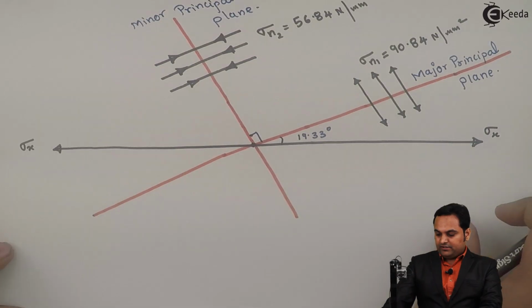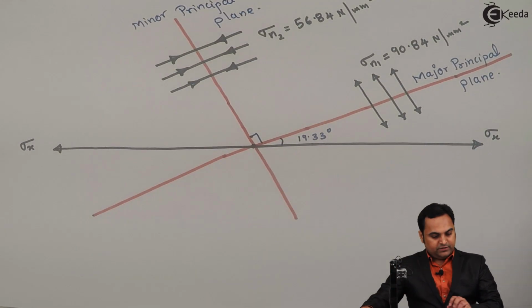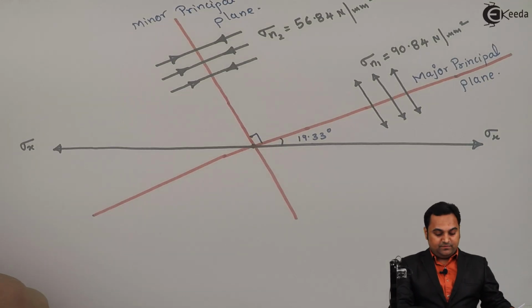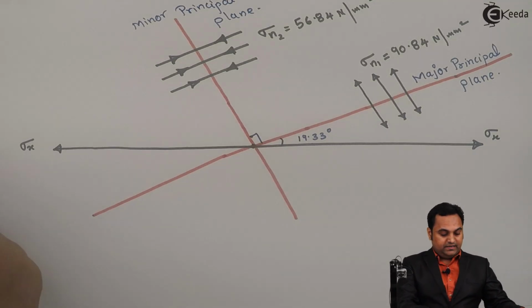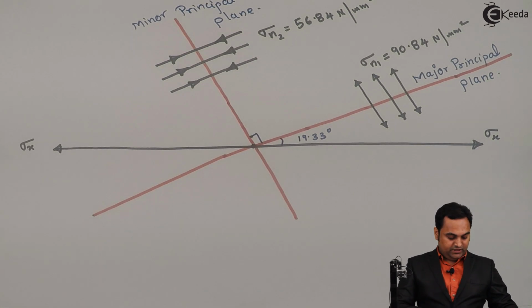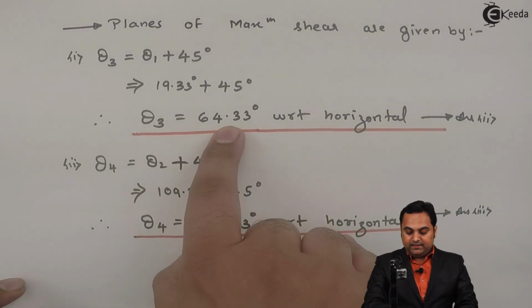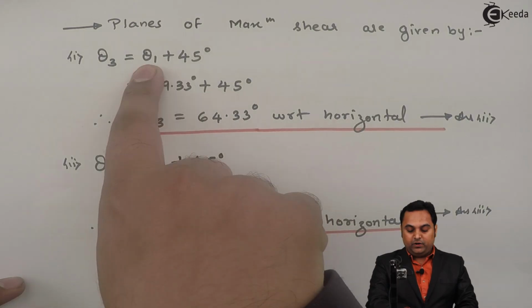Now after marking the major principal plane and minor principal plane along with the stresses, the next thing is the plane of maximum shear, and that is denoted by the location theta 3 and theta 4. So theta 3 is inclined at 45 degree to theta 1.